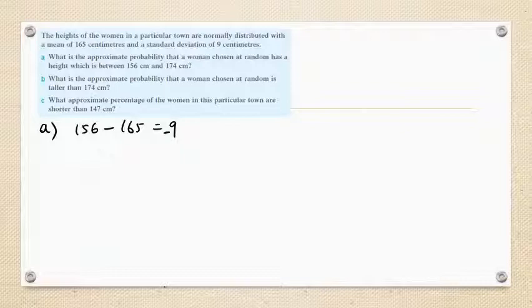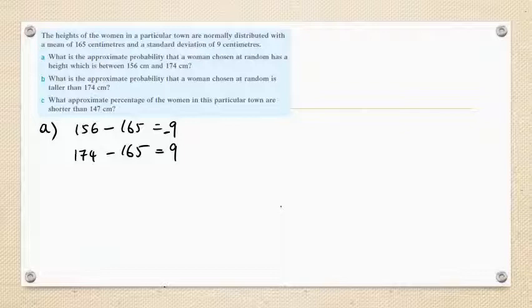I'll leave it there for now. You'll see why. So 174 minus 165 is then also equal to 9. So this is one standard deviation to the left and one standard deviation to the right.